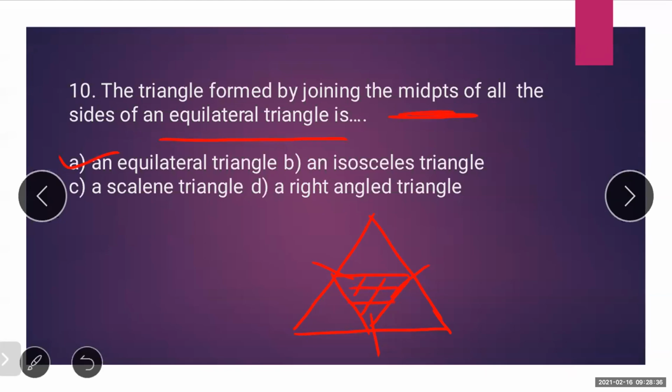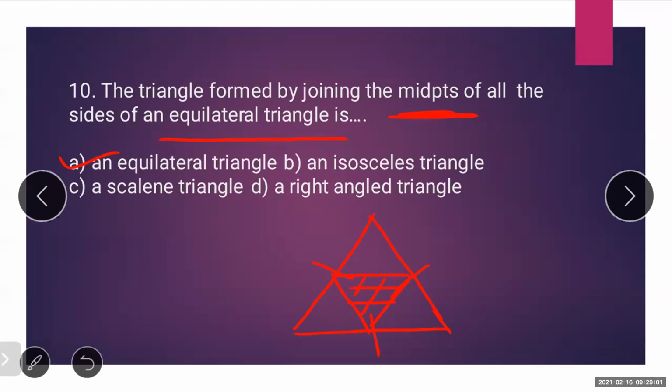This is one important point. It is formed by joining the midpoints of an equilateral triangle, so equilateral triangle itself states that all the sides are equal. So if the midpoints of all the three sides are joined together, then the triangle which will be formed will always be an equilateral triangle.